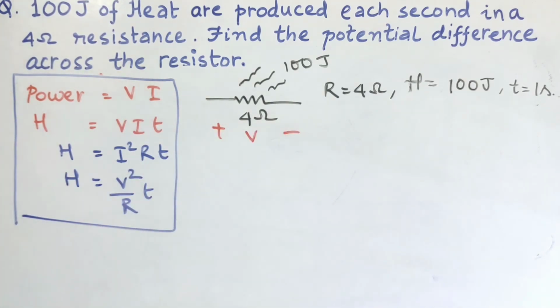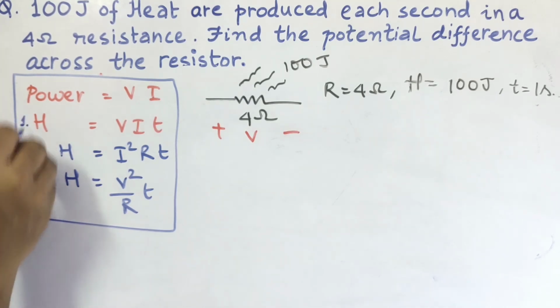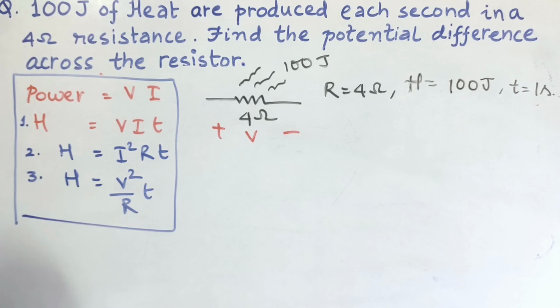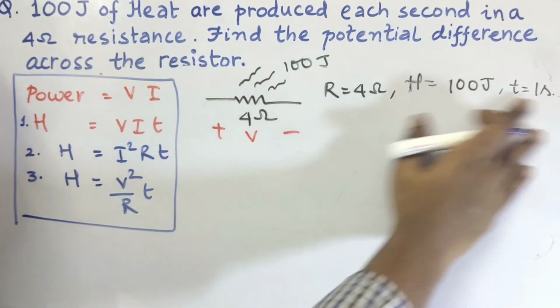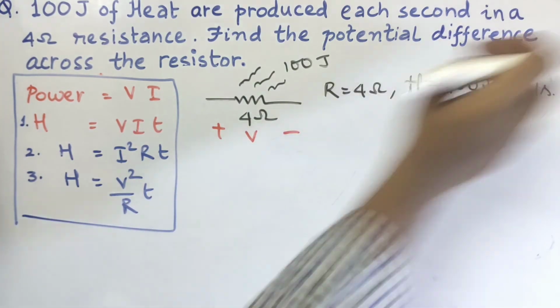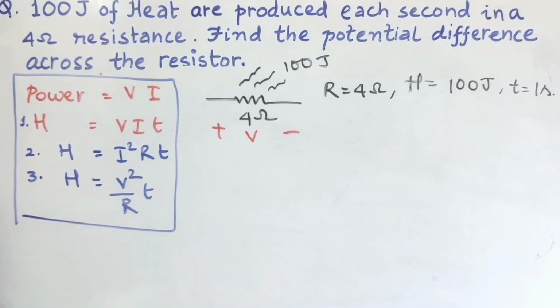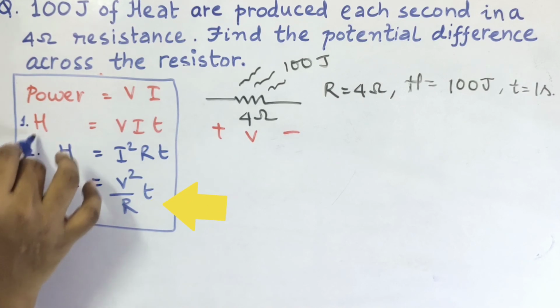So we need to use a heat formula. Which formula? Let me number them 1, 2, 3. In the given, we don't have the current term, so we will not use the formula in which the current term is present. So we will not use 1, we will not use 2.